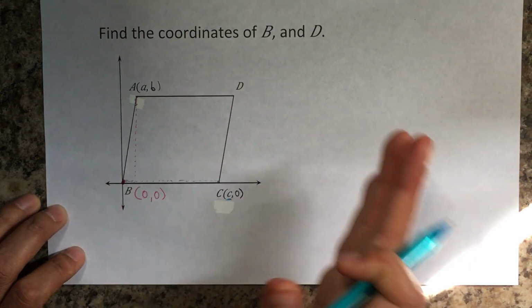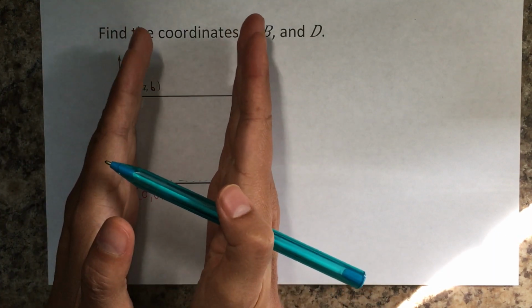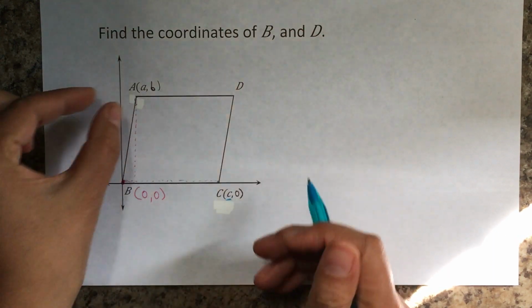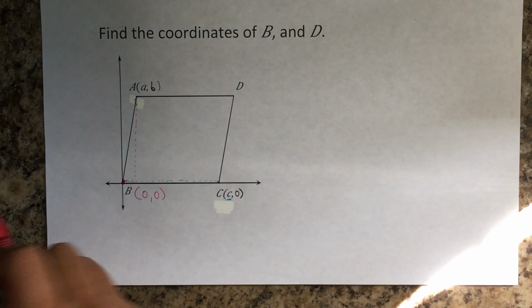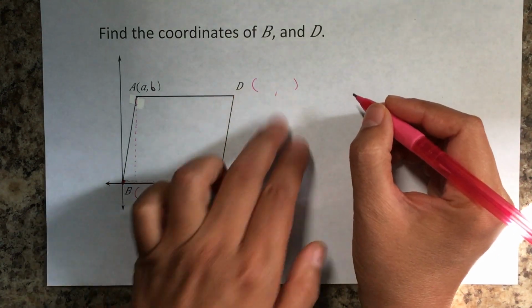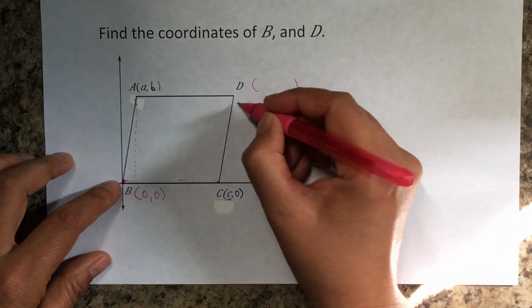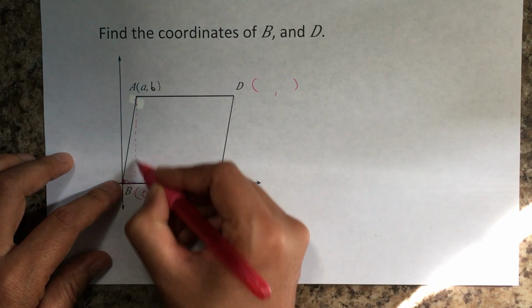But I don't know if you recall that this is a parallelogram. Parallelograms go like this and they tilt so that this distance is the same as this one right here. So that's going to help me find the coordinates for point D. Why? Because, see how you have this A, B?